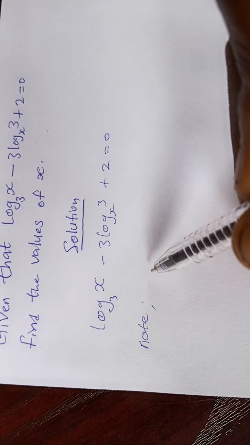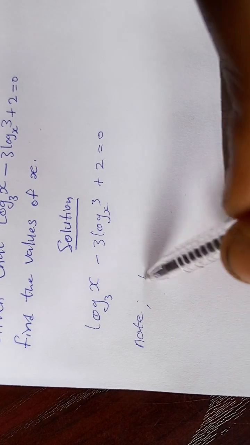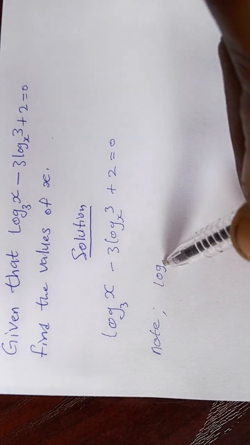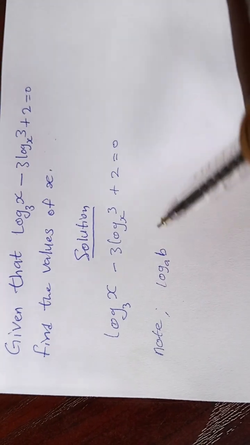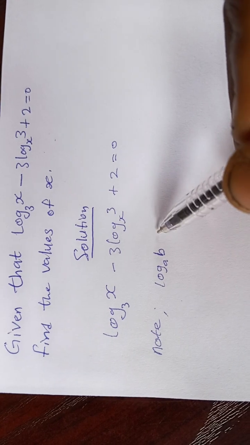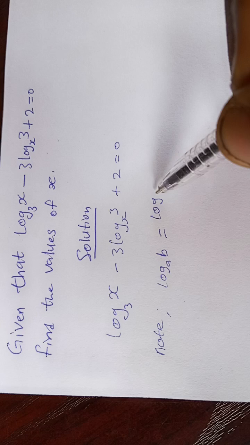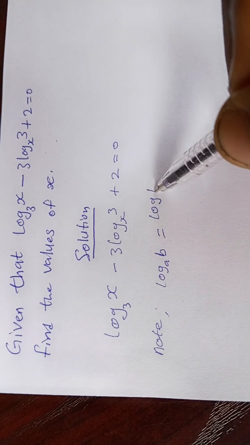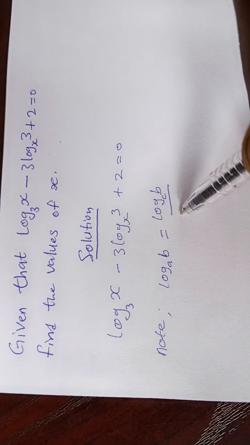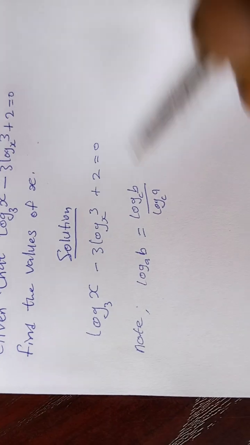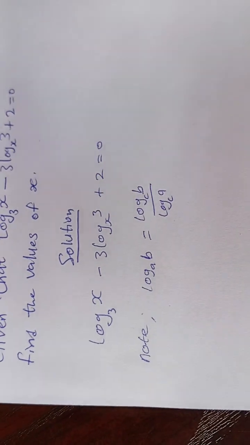If we have log b in base a, it is the same thing as saying log b in base c all over log a in base c. They both have a common base.